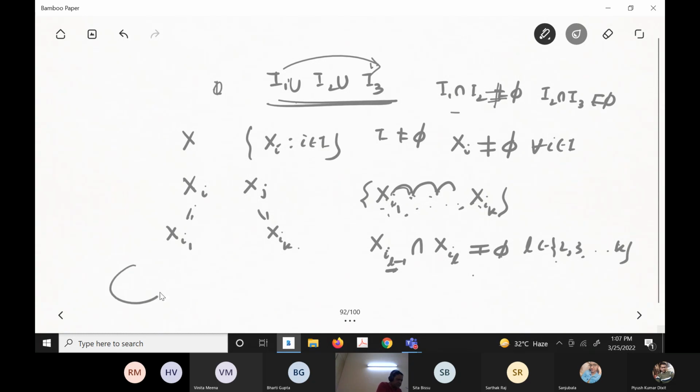Look here, this is X1, this X2, this is X3. Here it's a chain, but X1 intersection X3 is empty. So be careful, only the next one has the intersection. So this is a chain. That's the idea.